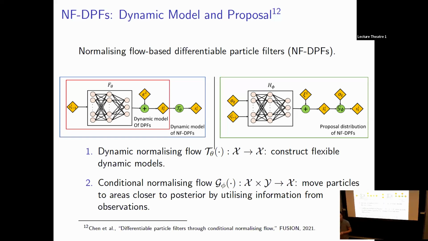This basically means you can get a quite flexible proposal distribution, and then we optimize all of the network parameters in a way to maximize the objective, or minimize the loss function, that you care about.